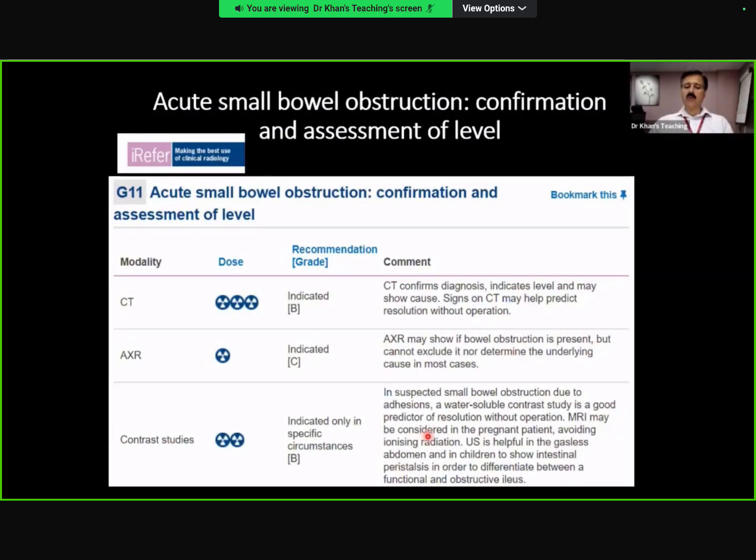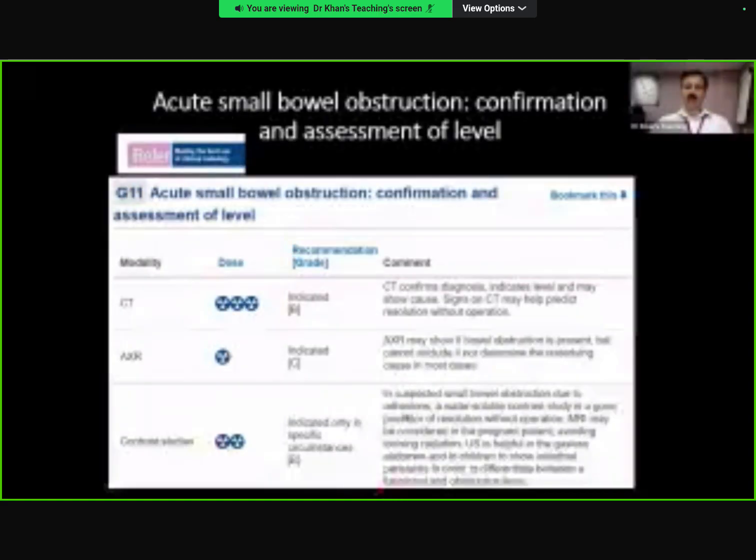So ultrasound can be useful so that the loops of the bowel will be full of fluid and you can pick it up. And similarly, it can be very useful in children. Again, it can be a viva question. And ultrasound can also help to see if there is peristalsis in order to differentiate between functional ileus or obstructive ileus. These concepts are extremely important.